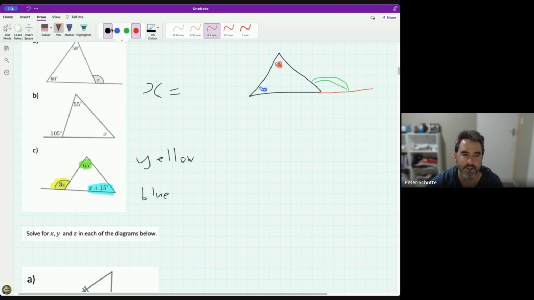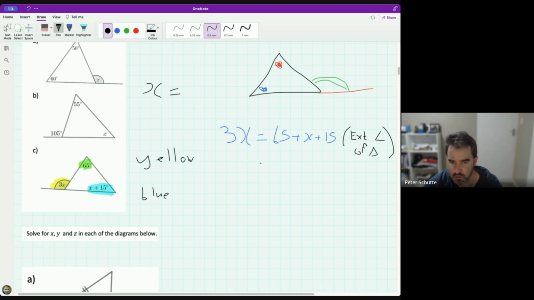Okay. Let's see. So we've got 3x is equal to 65 plus x plus 15. Now the reason is going to be exterior angle of triangle.